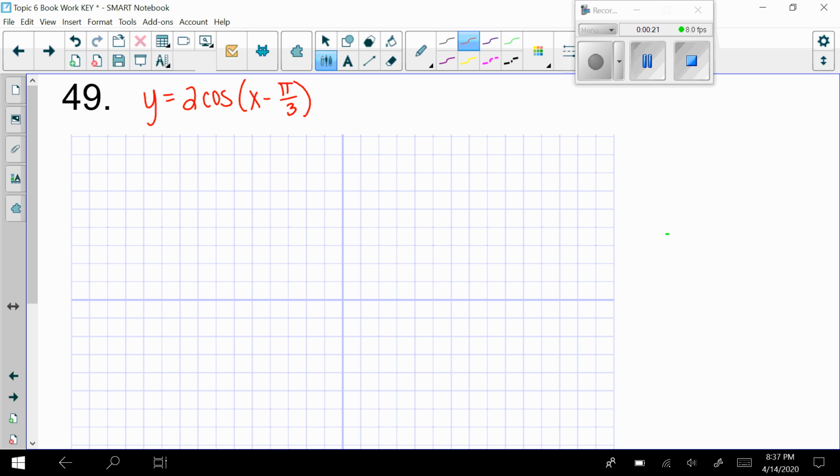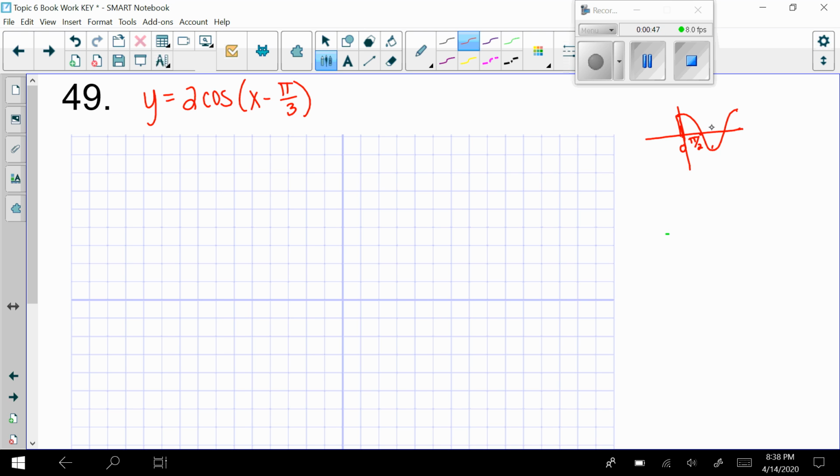So, with the phase shift, what happens here is you want to start the same way, where you're picturing the parent function of cosine x. Cosine x, we know, starts at a maximum, goes to a minimum, goes back up to a maximum. These x values are really easy. Normally 0, we know this zero occurs at pi over 2.